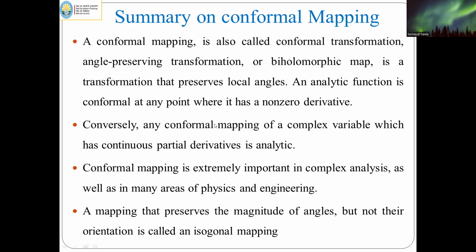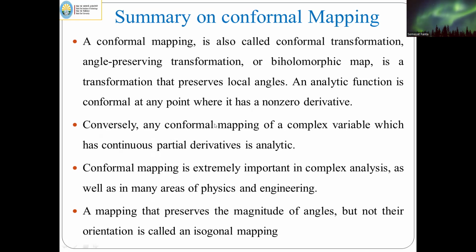Consequently, any conformal mapping of a complex variable which has continuous partial derivatives is analytic. Conformal mapping is extremely important in complex analysis as well as in many areas of physics and engineering, like aerofoil analysis, as we have discussed.